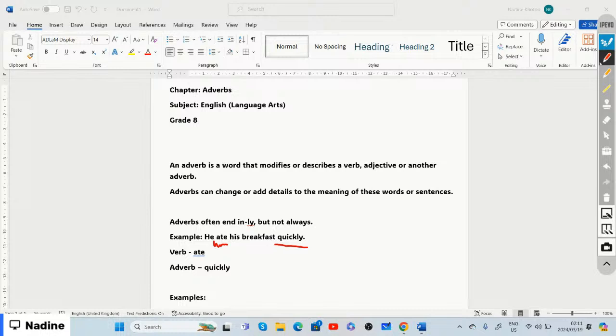And adverbs can either change or add details to the meaning of these words or sentences. So now we're going to find out about the different types of adverbs, starting with adverbs that tell us how. Because remember, we have adverbs of time, and so on. And we're going to find out more about the different types of adverbs.